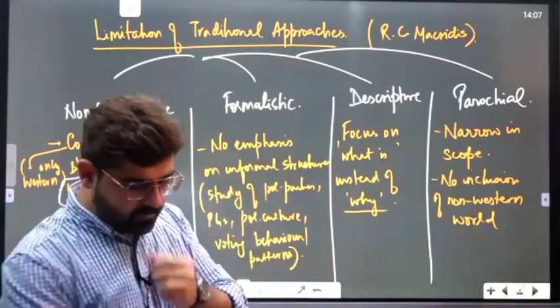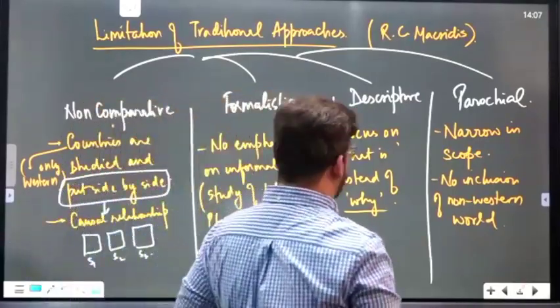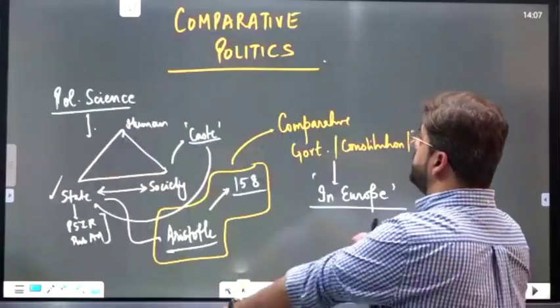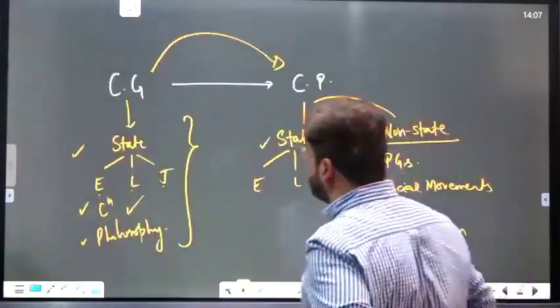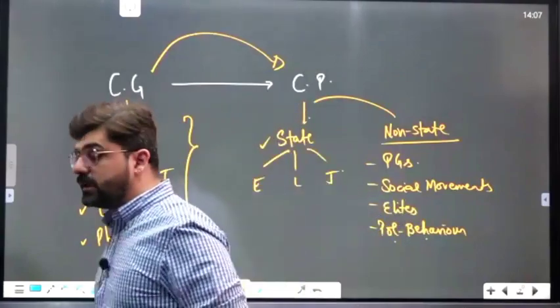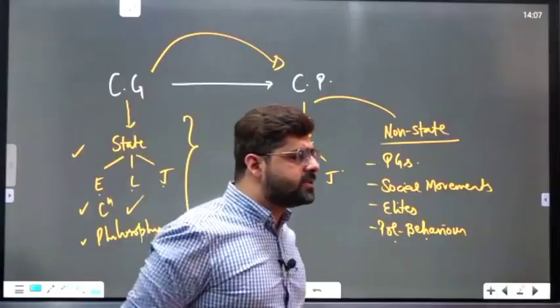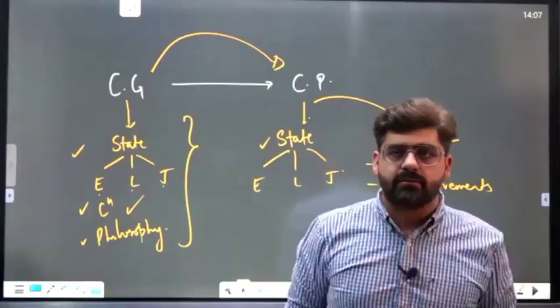Okay. So after the limitations of traditional approaches, very quickly, let's revise. We have as of now said that comparative governments, the study of governments, the comparison between governments, it is called as comparative government.